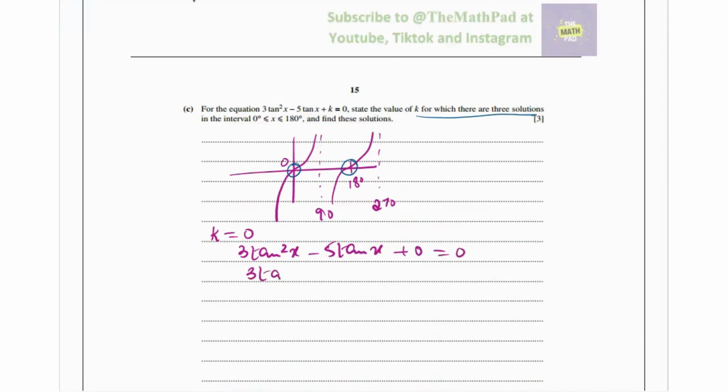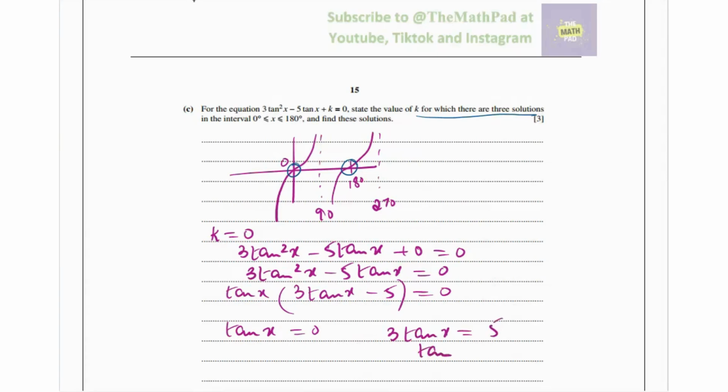So 3 tan square x minus 5 tan x equals to 0. Now if we factorize this, we can take tan x common, and we have 3 tan x minus 5 in the bracket. So one value of tan x is 0, and the other is 3 tan x equals to 5, and tan x equals to 5 over 3.